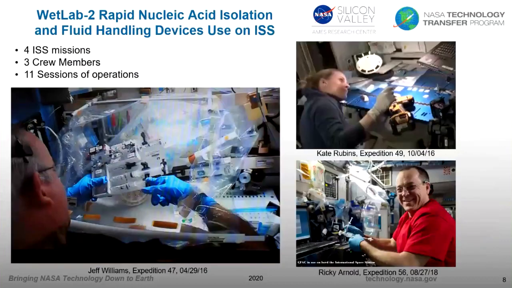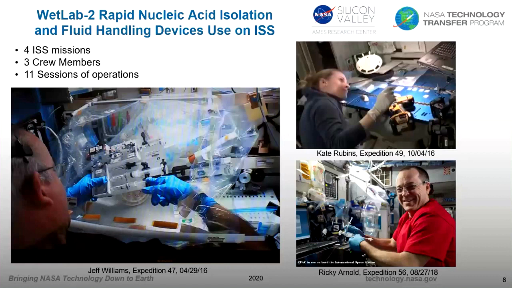So in our case, this has been used on station. We've done about 4 different missions where it's been used, and 3 different crew members have used it. Much more, about 13, have been trained, but you never know with the rotation, different flights and delays and launches and whatnot. But 3 crew members have done multiple sessions, 11 in total.